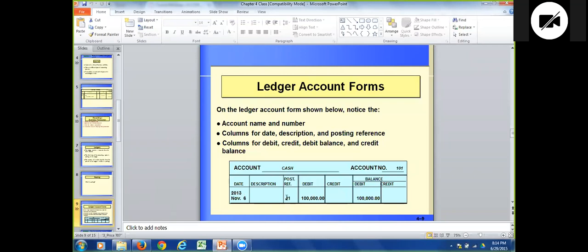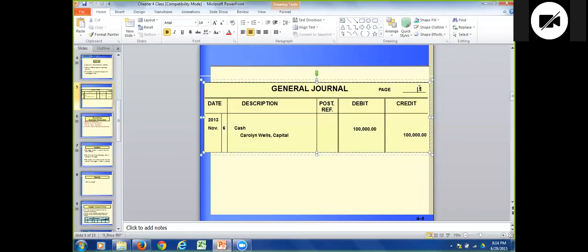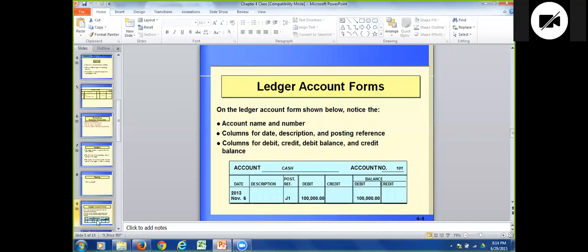We put the date. The post reference is J1, which means journal, page 1, and that comes from right here, page 1. And then you put the amount, 100,000 debit, and then the balance, since it had a zero beginning balance, it's 0 plus 100,000 equals $100,000 debit balance.